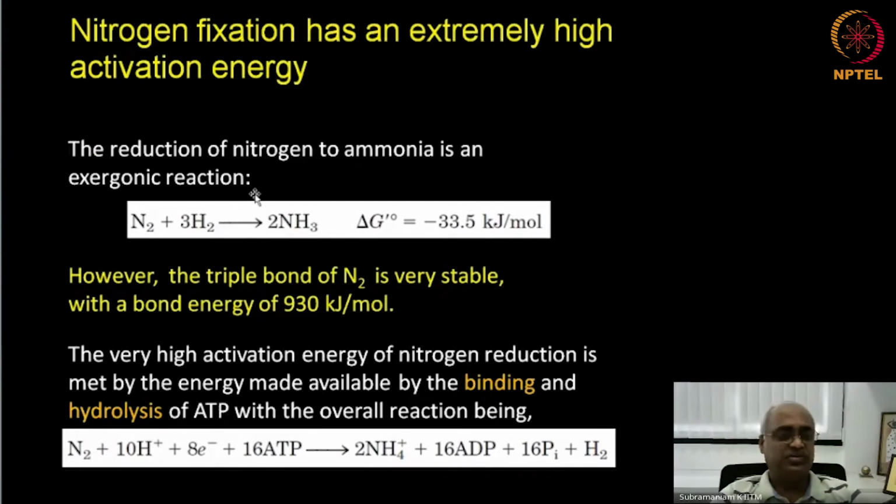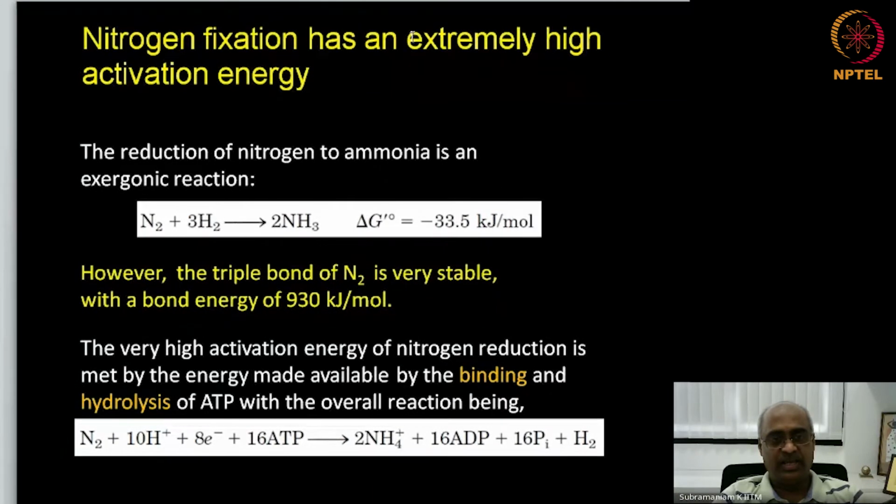So what do they do? What the bacteria does is it has an enzyme that can do this reaction, summarized here. Okay, nitrogen reduced to ammonia. So as you can see here, this is actually with a large negative delta G. However, this does not spontaneously happen due to extremely high activation energy.